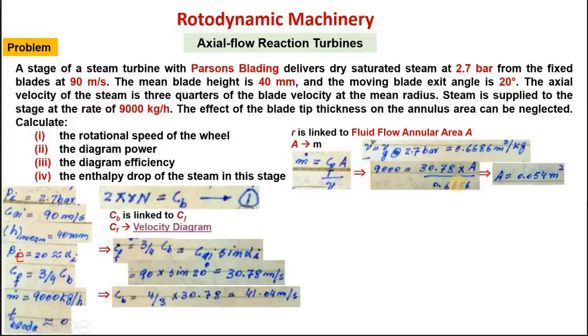You have to be careful about the units. This is in meters per second, Cf, and this is kilograms per hour, so it has to be converted into kilograms per second also, so it has to be divided by 3600. So let me write it here.